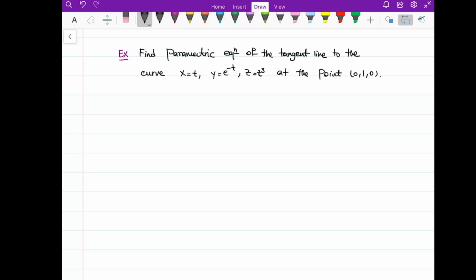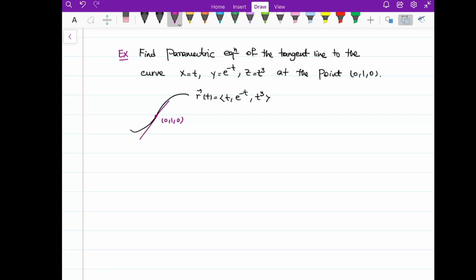So we have a curve like this, and this is the given curve. The first component t, the second component e to the negative t, and the third component t cubed. And at the point (0, 1, 0), we're gonna find the equation of the tangent line.